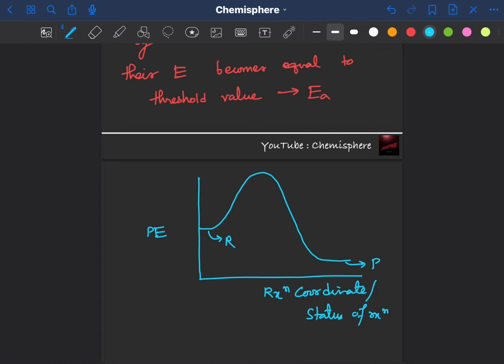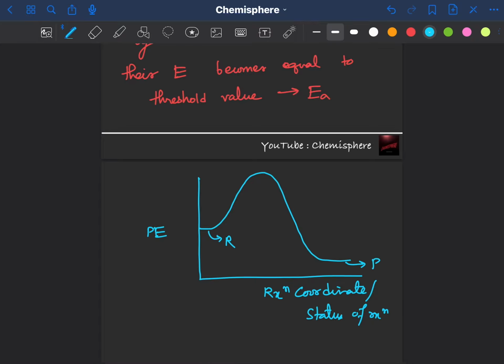So this value is telling us the average energy of the reactants, right? And can you see, we have to cross an energy barrier. This plateau is the energy barrier that we need to cross, right?